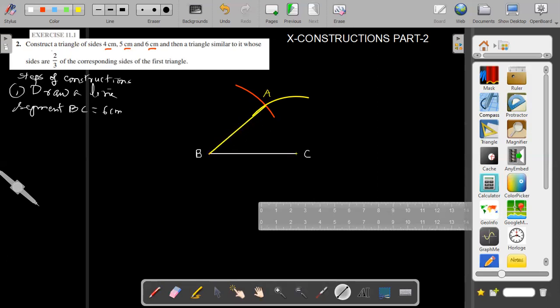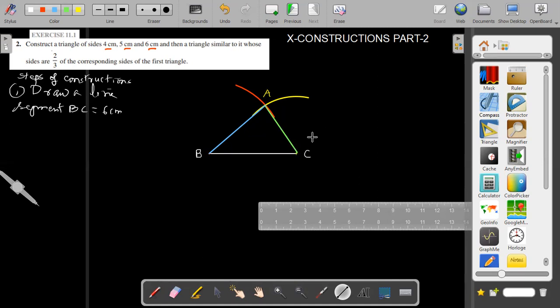Join AB and AC. This is the given triangle. So this depends on the given condition.